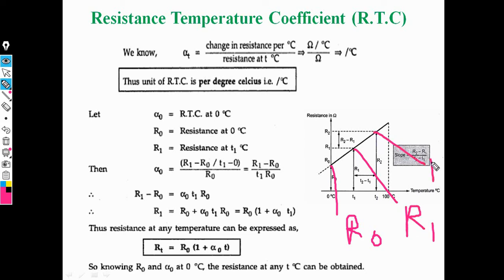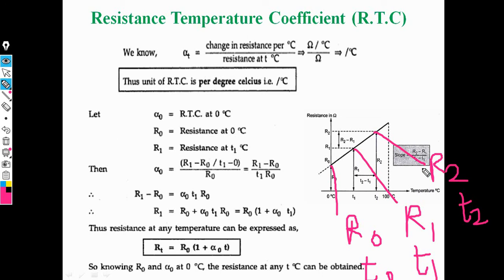Here we have to obtain the value of R with respect to temperature: R0 at T0, R1 at T1, and R2. This is the phenomenon of resistance at any temperature. It is called the concept of resistance temperature coefficient.